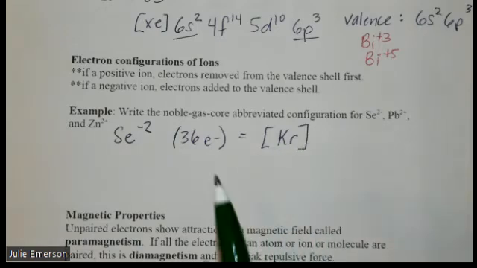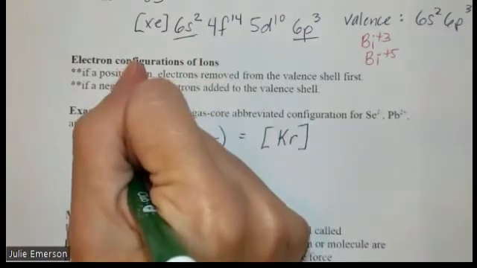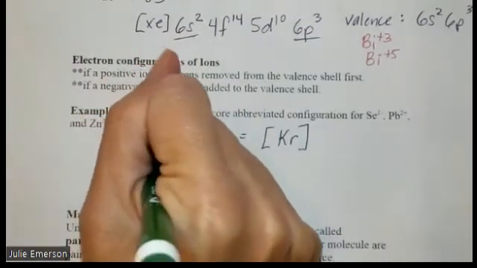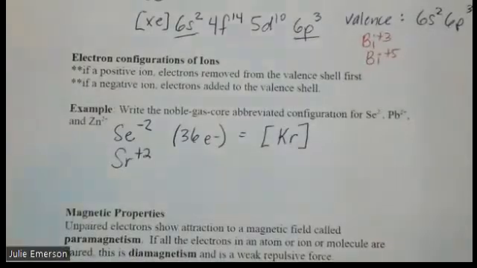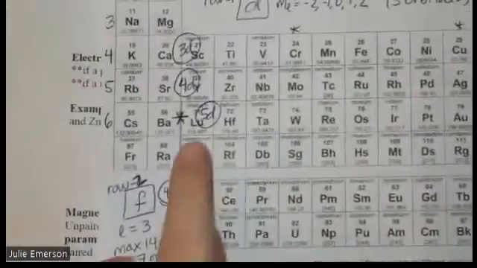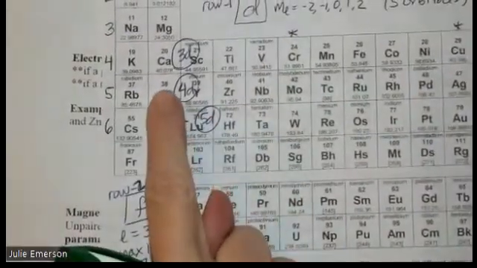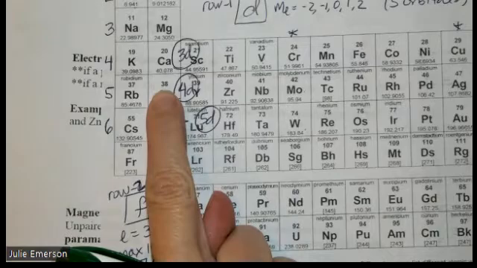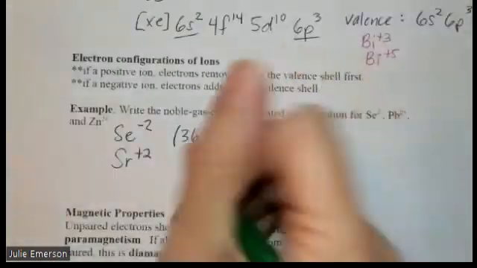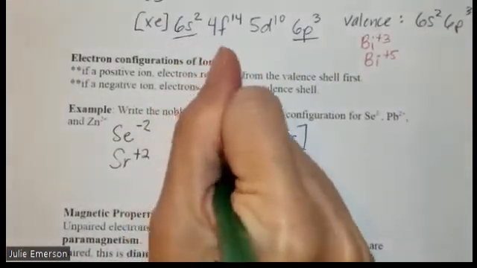Right now, I'm just going to throw in another one here that's not in the list. I'm going to look at this in a sort of opposite scenario. Let's say I've got strontium +2. If I look at my strontium atom, it has 38 electrons. But if it's +2, it's lost 2. So instead of 38, it now has 36 electrons.